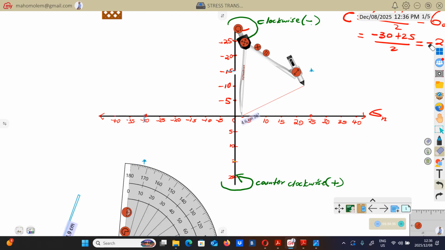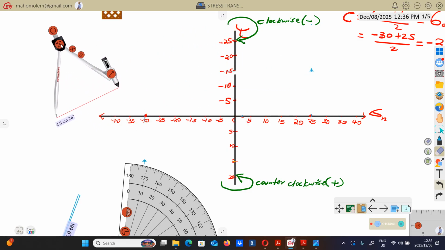Remember, C is negative 2.5. Check here. The center is negative 2.5. So this is positive 2.5. It must be negative 2.5, not positive. So negative 2.5 will be this side.